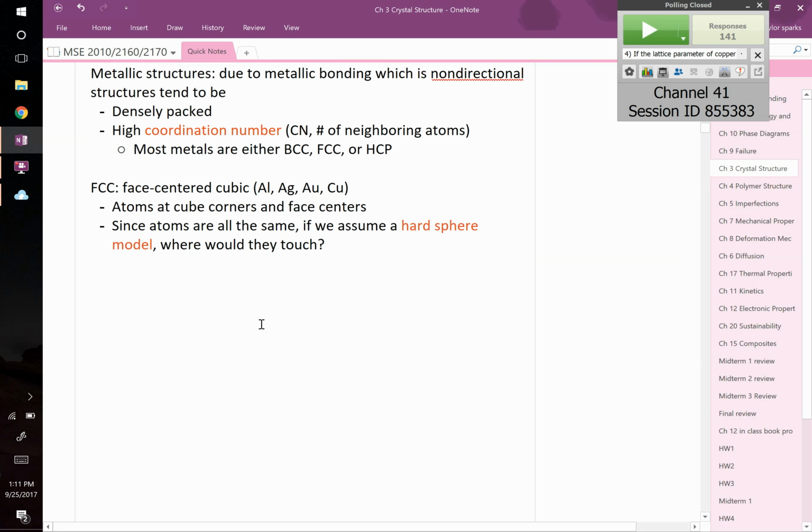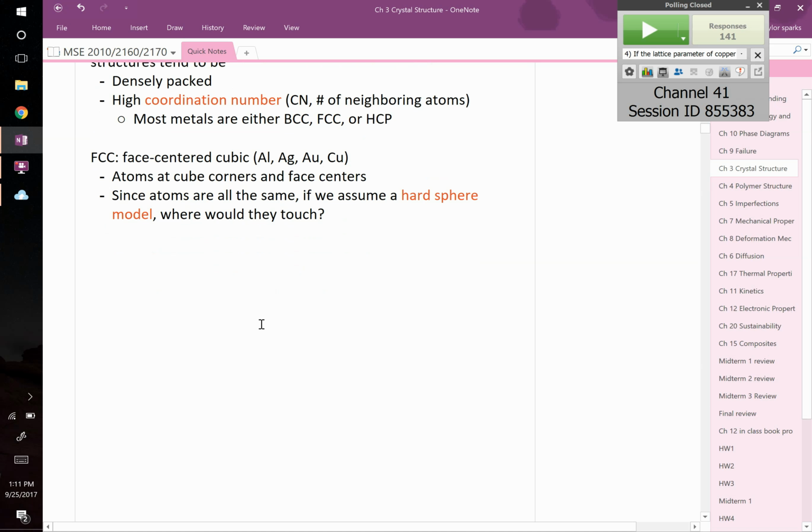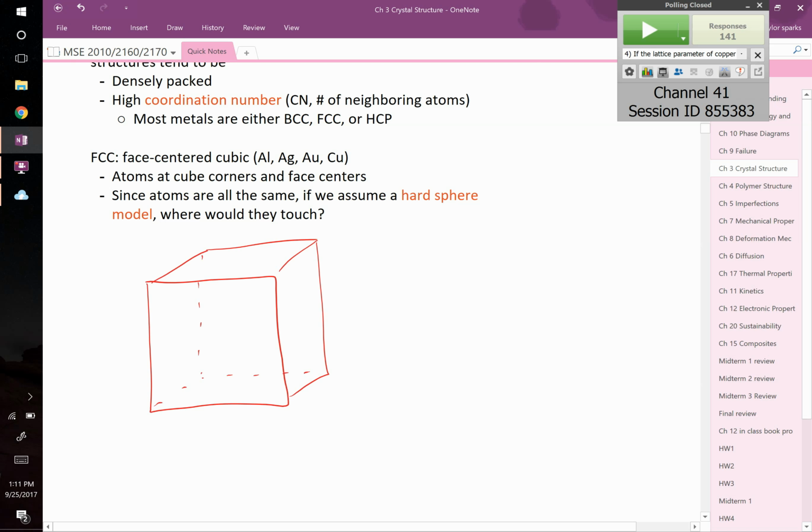So let's draw our first one. Our first metal lattice that we're going to learn about is FCC, which stands for face-centered cubic. So we're going to start by drawing a cube. Right, so you've got your cube. Now the first step to drawing an FCC lattice is to recognize that the atoms are going to be on the corners first, right?